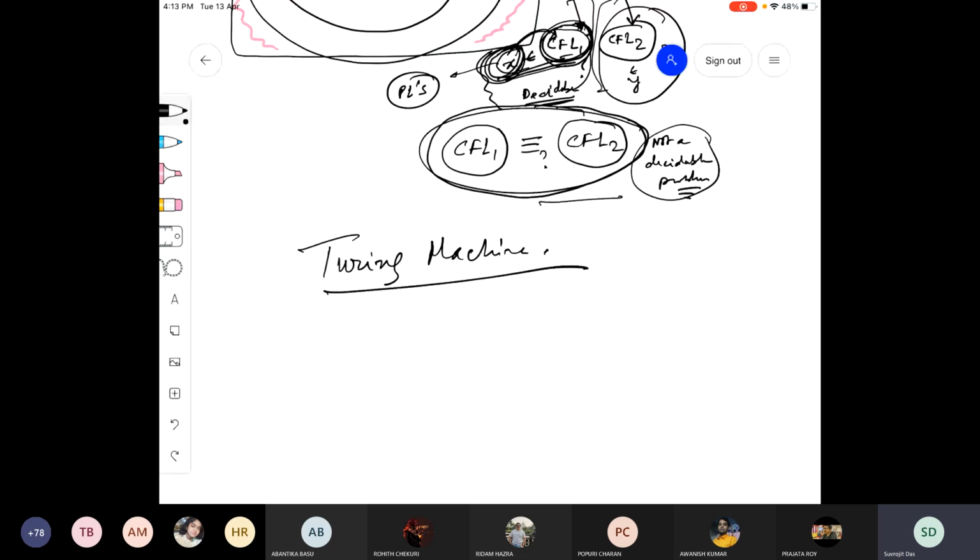It does enough changes in its definition so that it can work with these three types of languages: decidable, Turing recognizable, and languages that are not Turing recognizable.